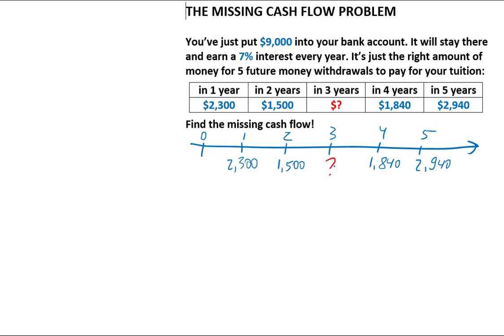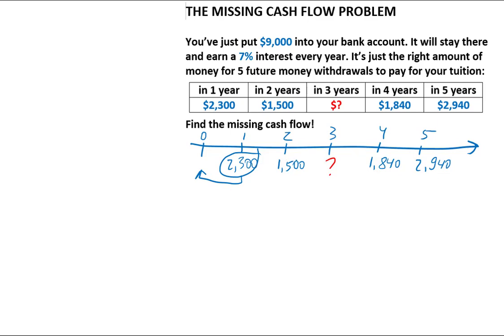How would we find the missing cash flow? Well, can we first find the present value of the 4 cash flows that we do know? For that, we would need to discount 2,300 back by 1 year.